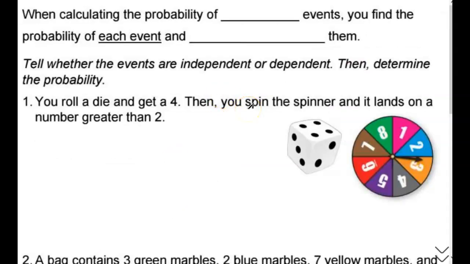So first step is identifying. Now is actually calculating. So when we calculate these types of probabilities, when there's 2 events, 2 or more, you find the probability of each one and then you multiply them. And I believe you may have seen this in Delta Math already. Maybe not if you did your warm-up.